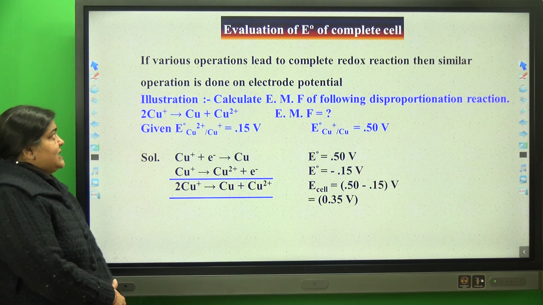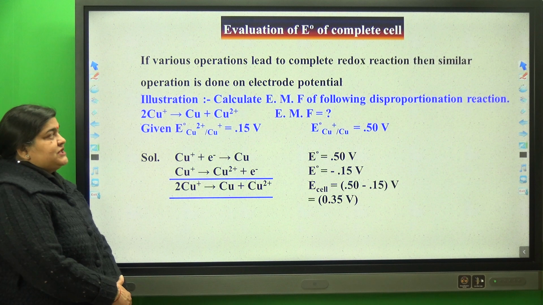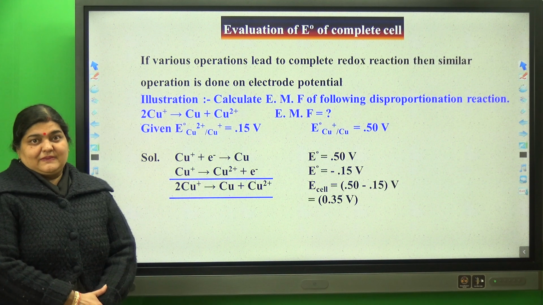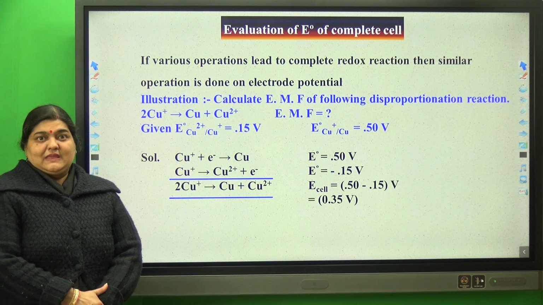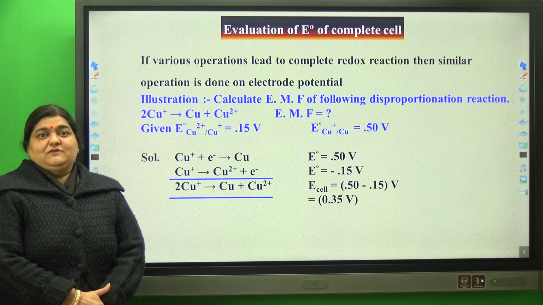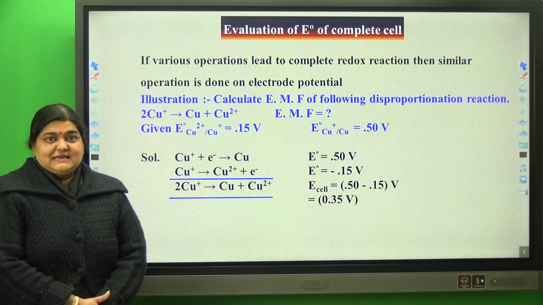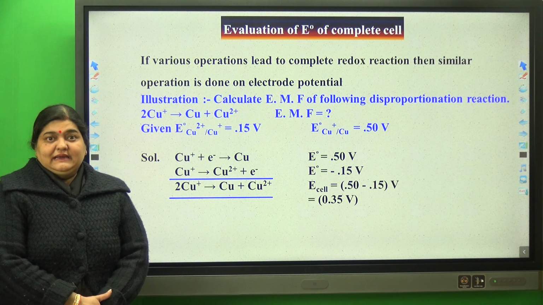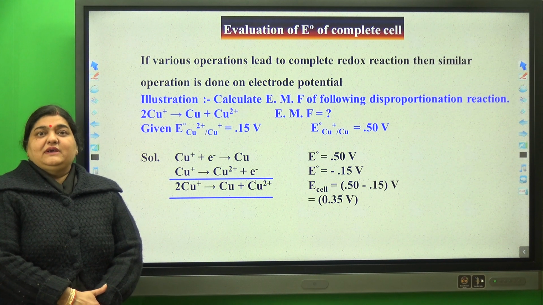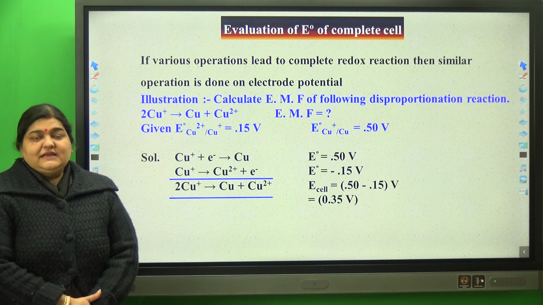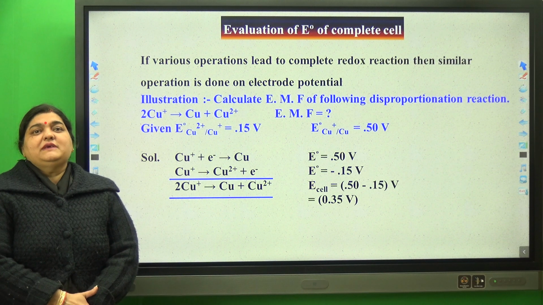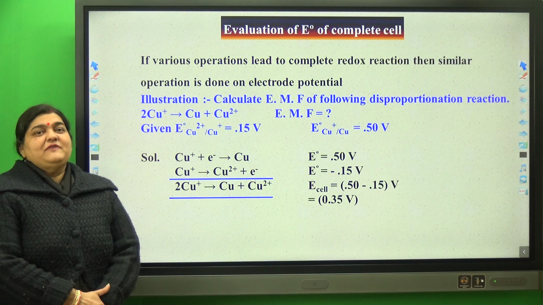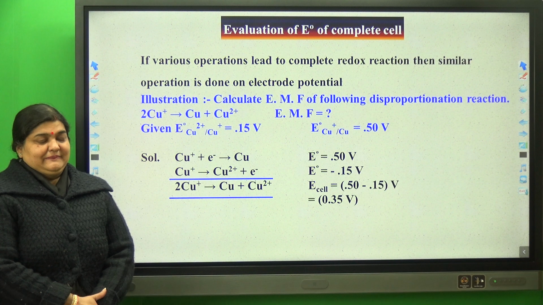Whereas, if the operations lead to a complete redox reaction, where we are given E naught values of two half cells and by operating on them we get one complete redox reaction, there is no need of finding E naught indirectly from Gibbs energy. We can find it directly.